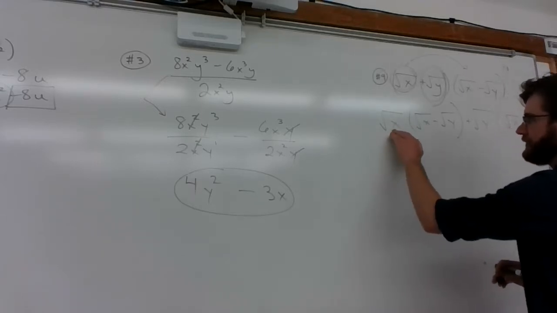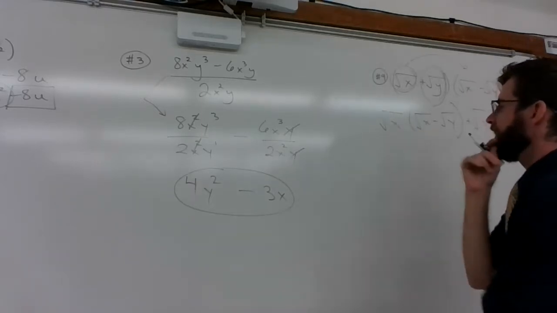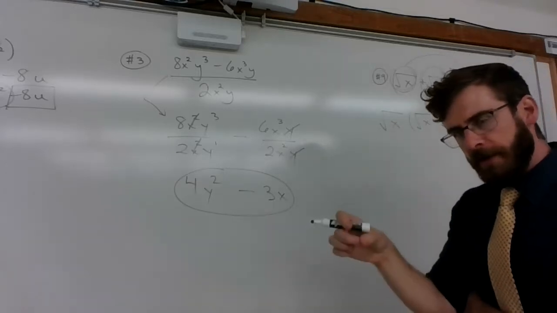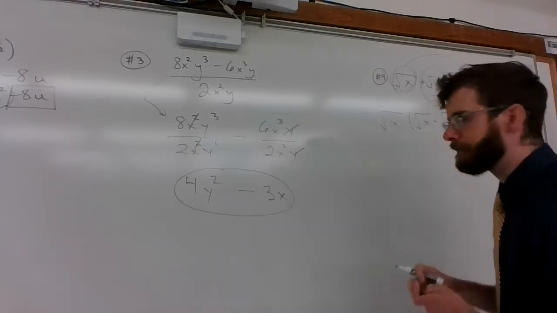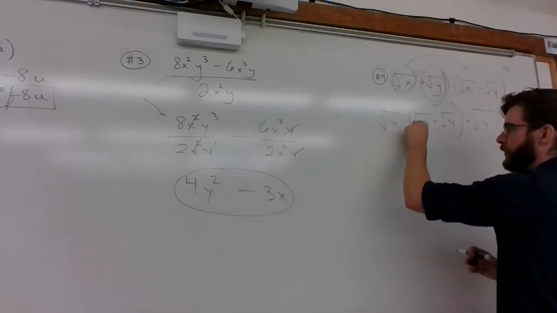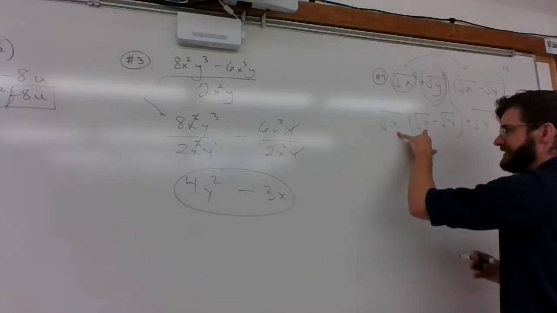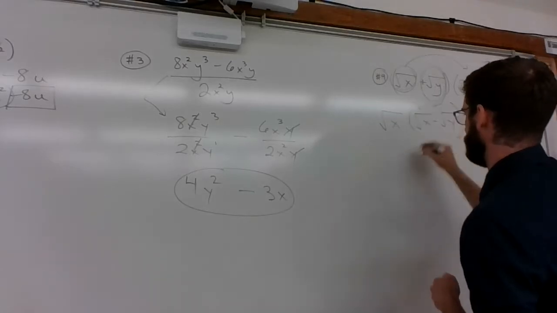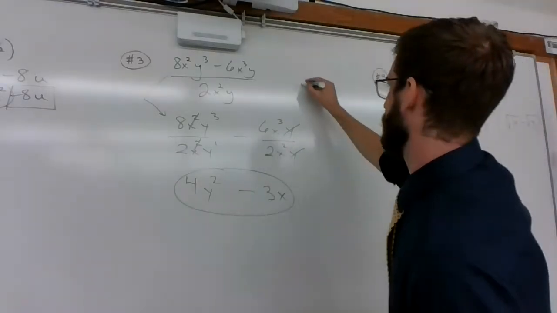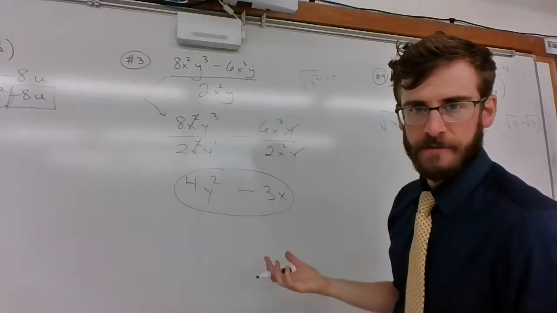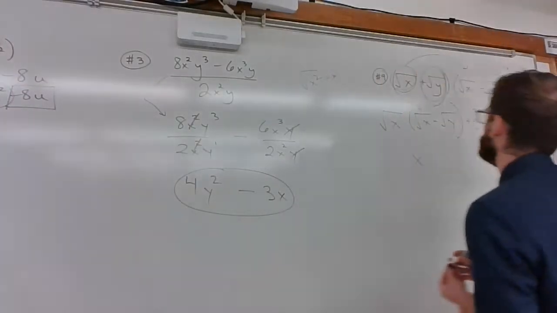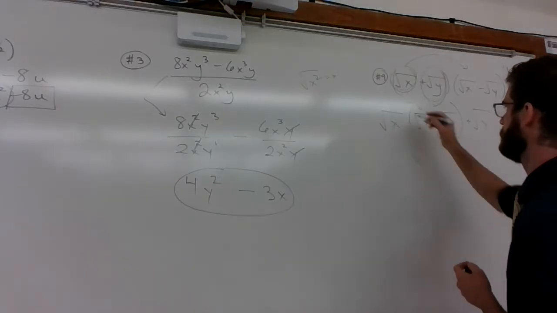So root x times root x, that's like root x squared. Or you could think about it as the two roots cancel each other out. A square root times a square root with the identical part inside, they're just going to cancel each other out. You could look at it as root x squared, which comes out to be x.